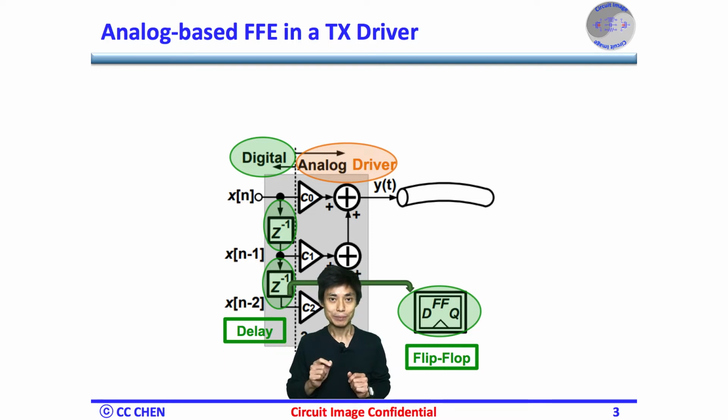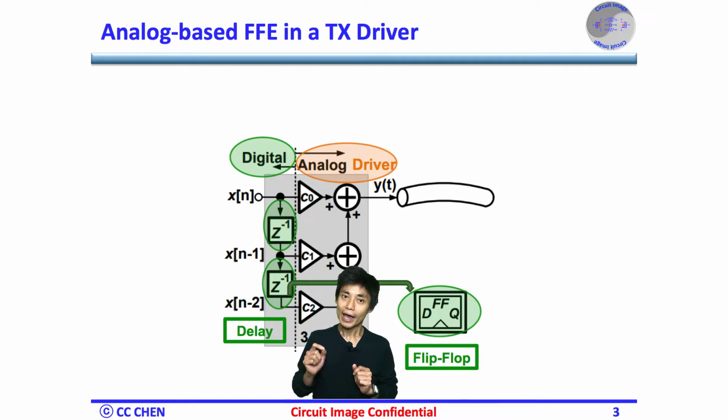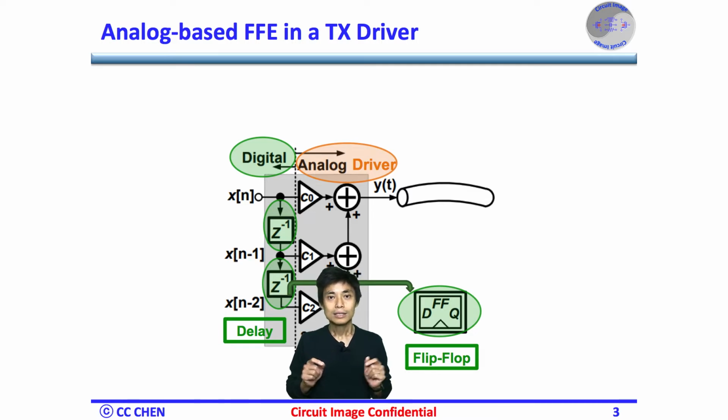The circuit implementation of the TX FFE is very simple, adding a few flip-flops without any area or power overhead. Multi-delays are added after the digital serialized data, so the FFE tap is implemented on the analog driver directly by dividing the whole driver into several elements, one for each tap, proportionally.